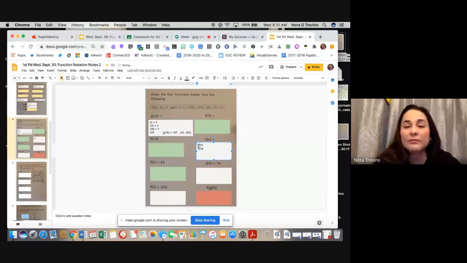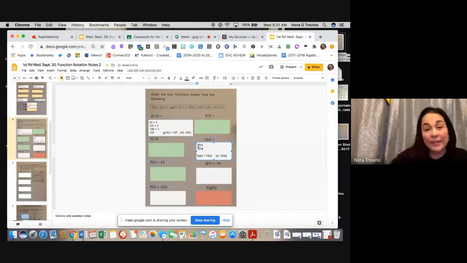H of A equals 12 divided by A. So A, comma, 12 divided by A. They basically just made you switch the letter for the input. Okay, so it looked hard, but it's not. It's a super easy question.